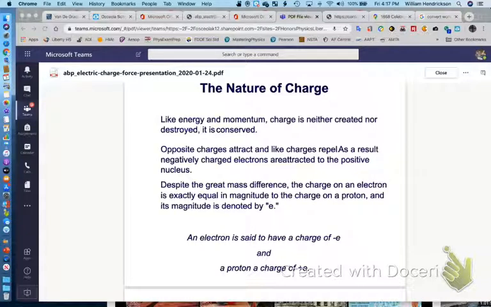Another thing about charge is opposite charges attract, like charges repel. You put a positive and a negative together, they're going to want to stick to each other. You put two positives or two negatives together, they want to fly away from each other.